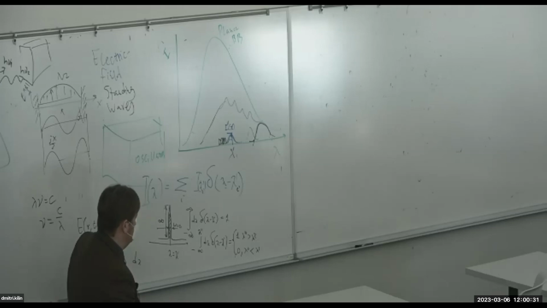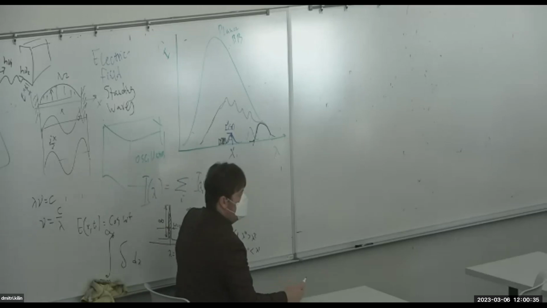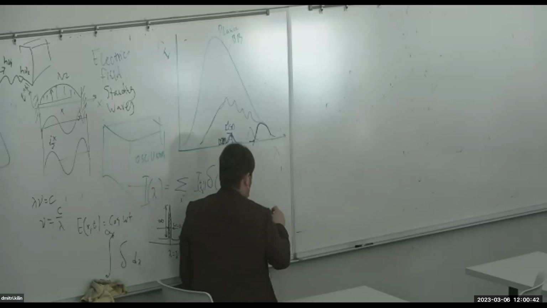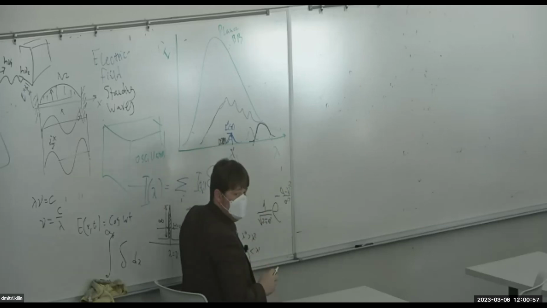And practically, you do remember the Gaussian distribution, the bell shape, right? I do not remember it exactly. It's something like 1 over square root of 2 pi sigma, e to the minus lambda prime squared divided by sigma squared, something like this, right?